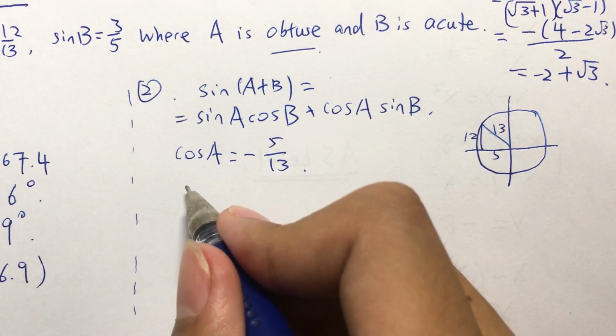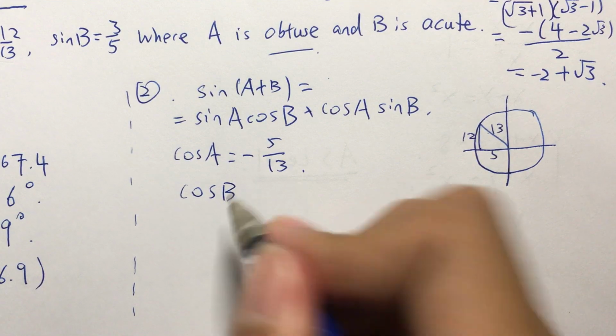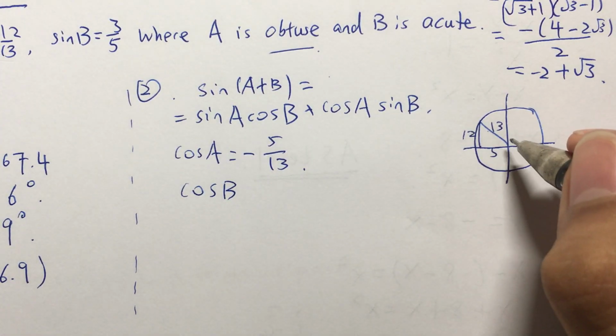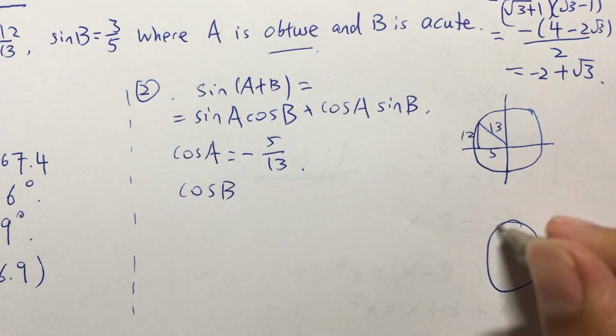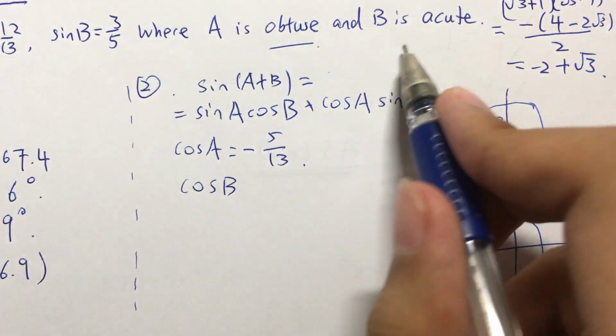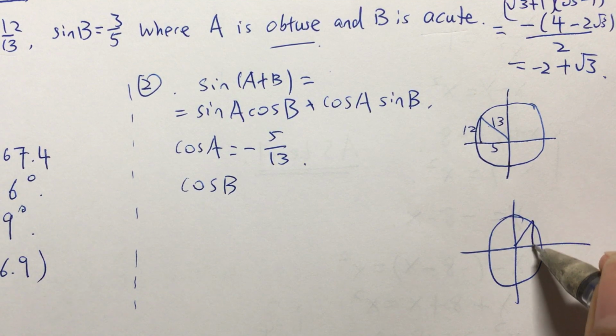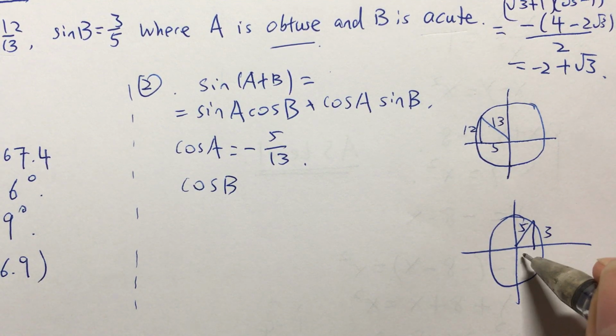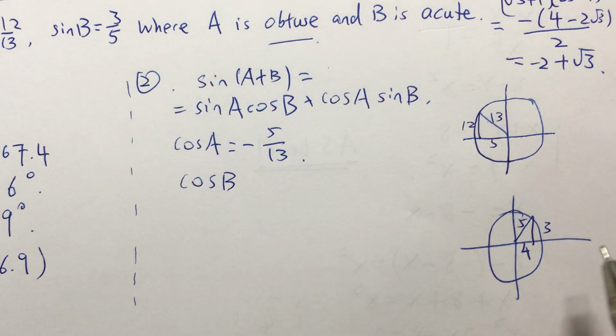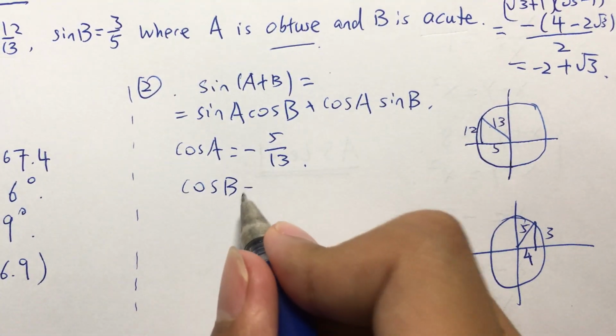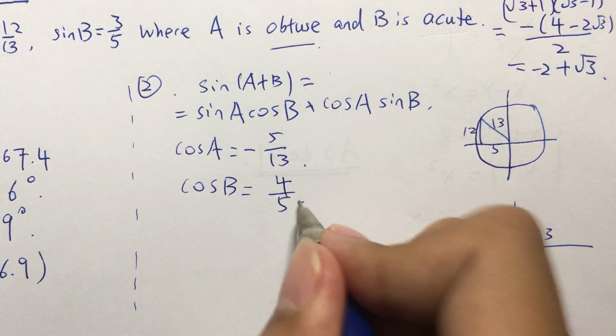And same thing for cosine B. Because we know that it's acute, it is in the first quadrant. And this is 5, this is 3, and we know this is 4 by Pythagoras. So cosine B is equal to 4 over 5.